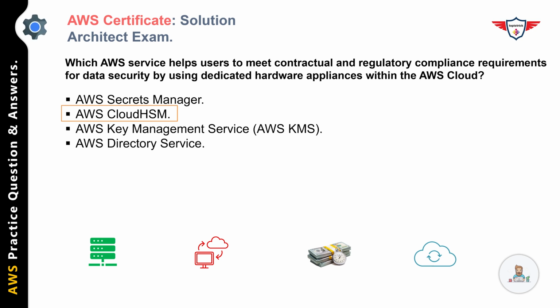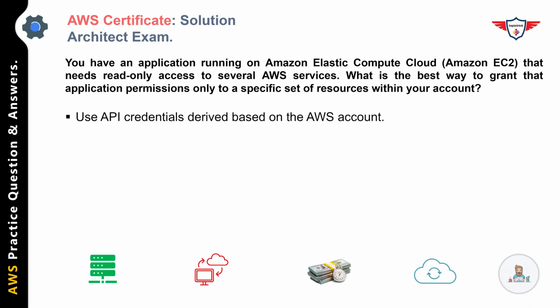You have an application running on Amazon Elastic Compute Cloud, that is Amazon EC2, that needs read-only access to several AWS services. What is the best way to grant that application permission only to a specific set of resources within your account?